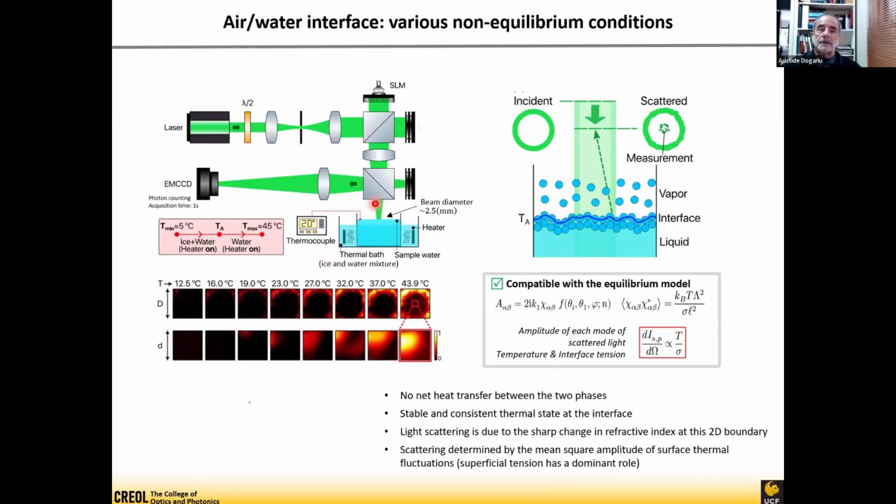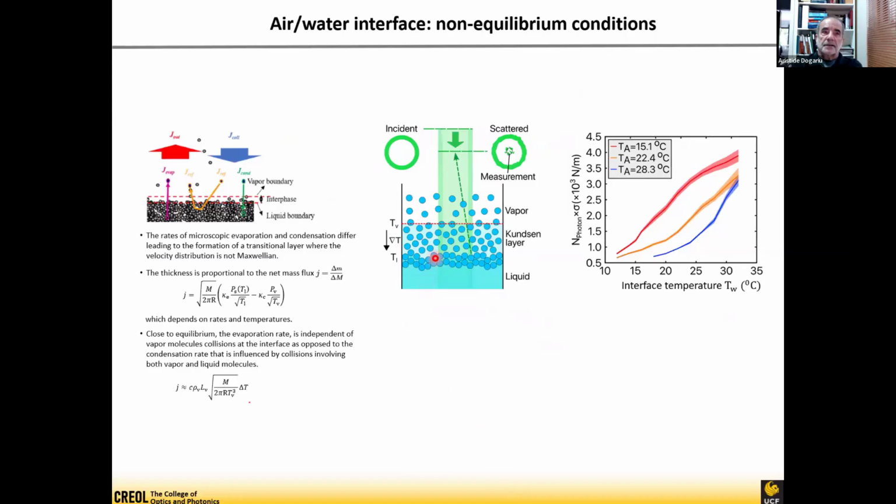Nothing interesting about the components, but the fact that we can essentially measure from afar the small fluctuations of the water interface. It is unique. So there are different models for this water vapor interface. I'm not going to go into any details, but the thermodynamics of this layer is rather interesting.